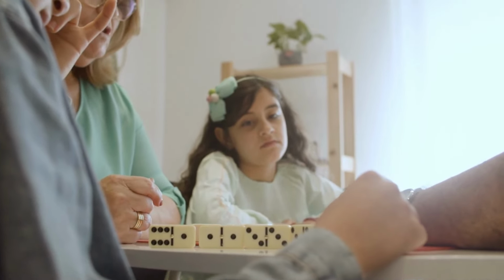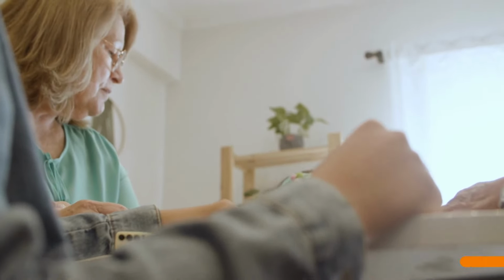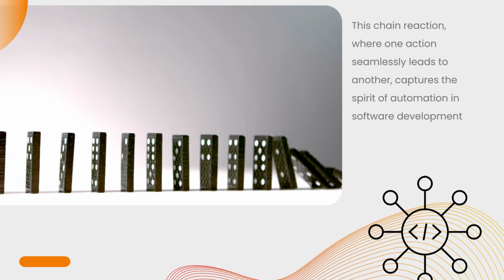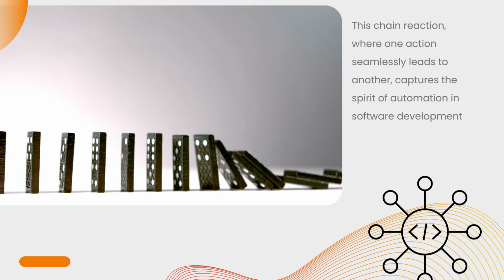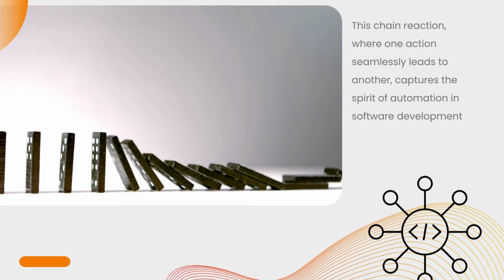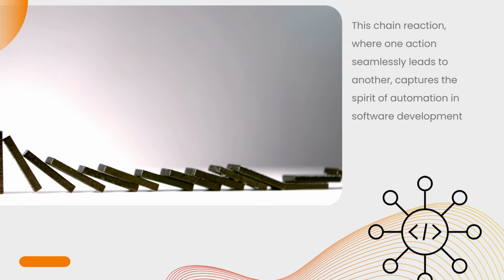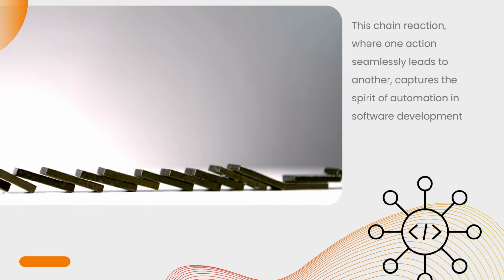Remember those childhood moments with dominoes, setting them up one by one, intricately planning the sequence, and then with just a small nudge, witnessing a cascade of motion. This chain reaction, where one action seamlessly leads to another, captures the spirit of automation in software development.